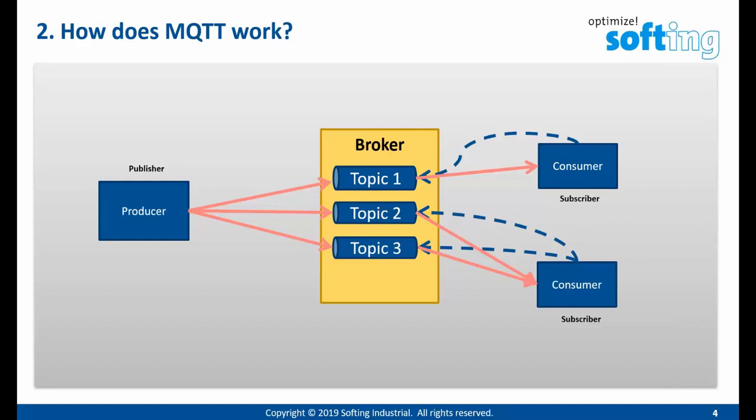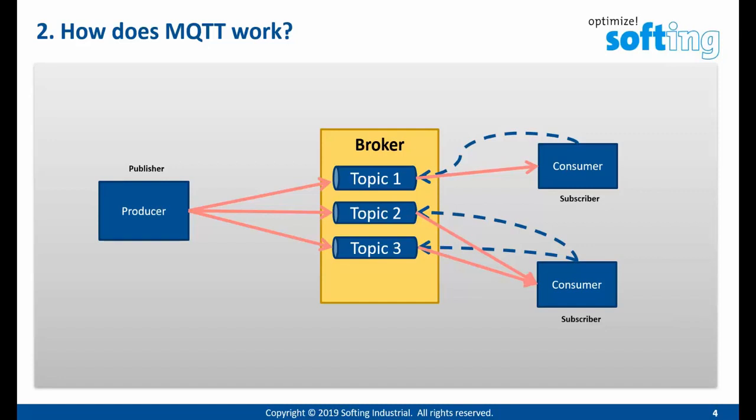On the right side we have the subscribers, which are interested in that data or only specific data, and if they want to receive that data they can make a subscription and the broker will send the data to the subscribers as soon as it is available. Important to mention here is that the publisher and the subscriber never talk directly to each other.